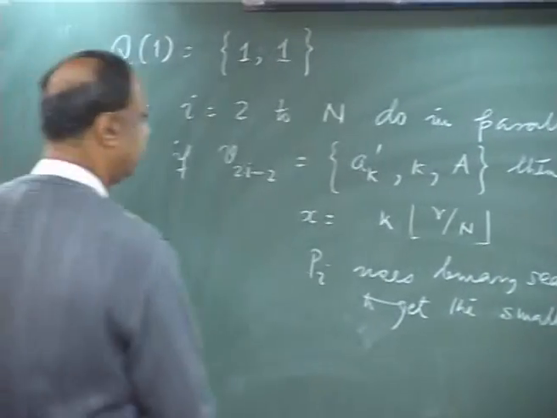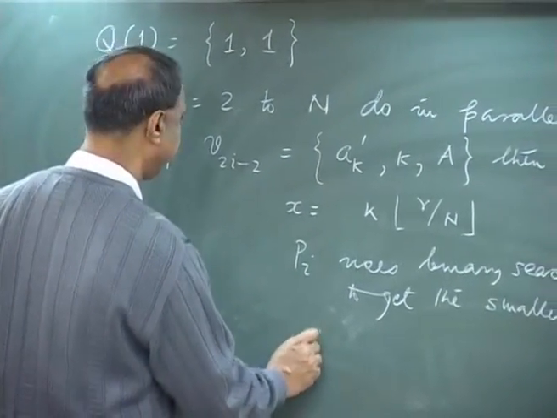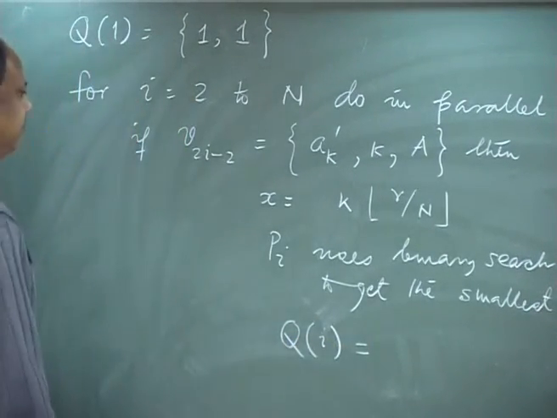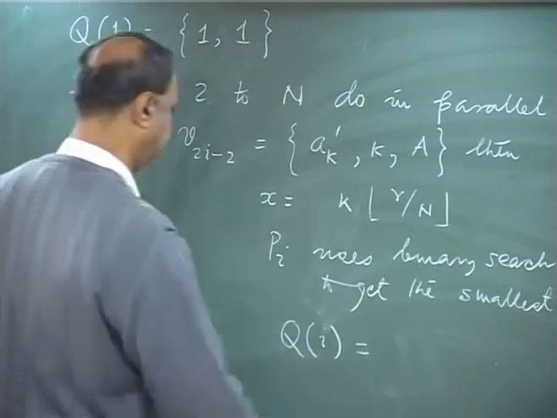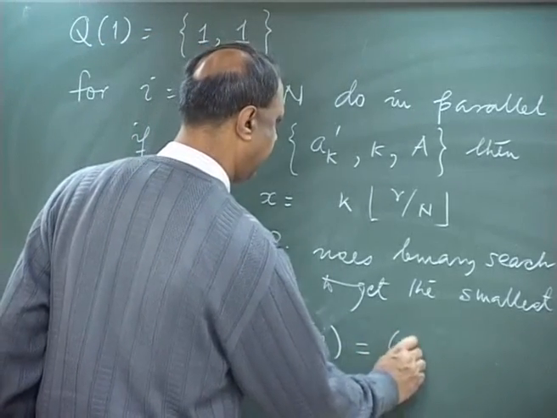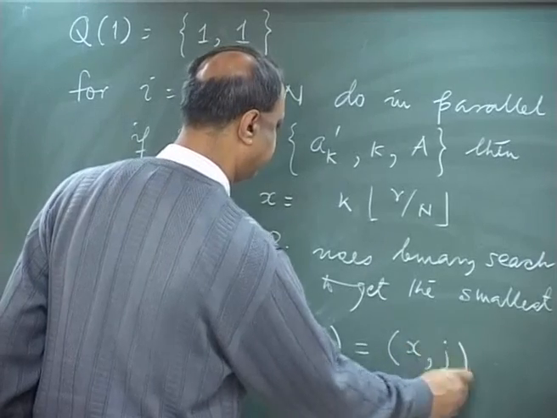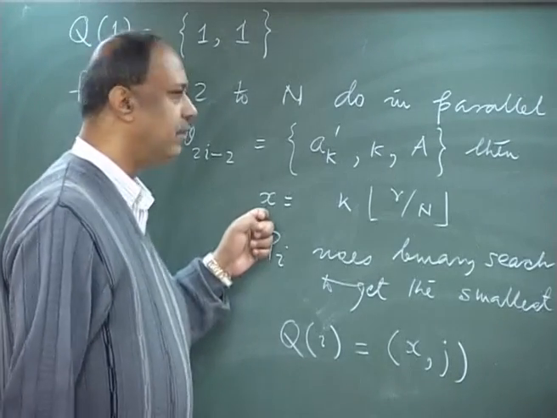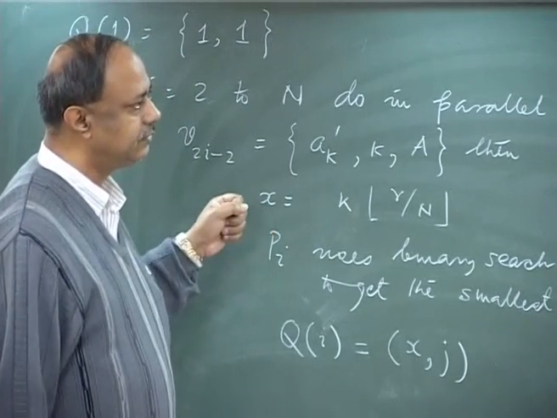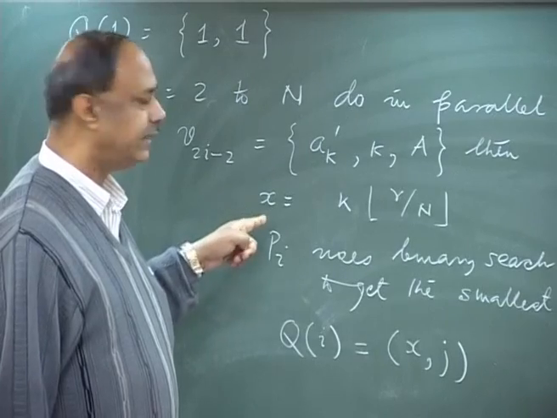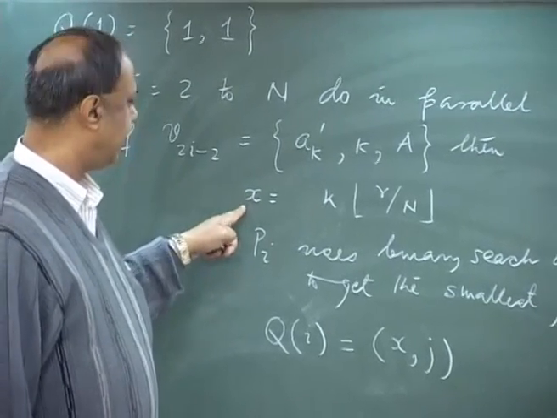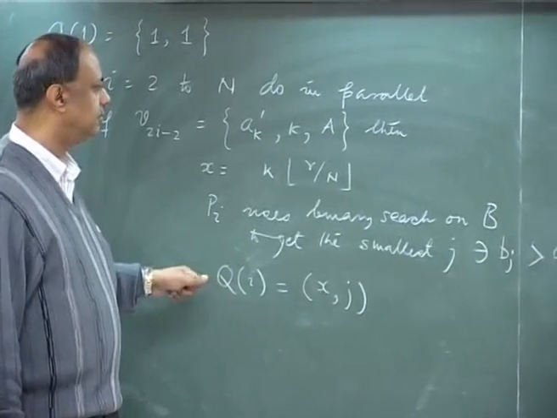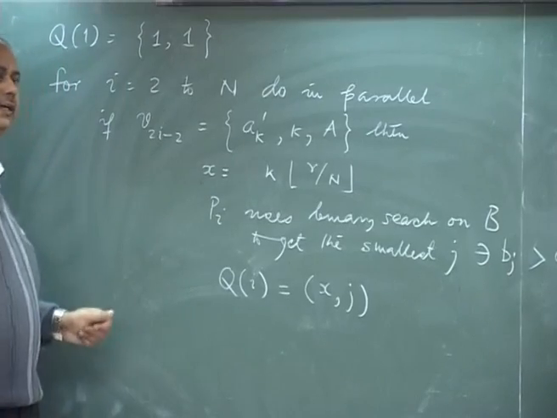Right? So in that case, you can define your Q_i as (x, j). So you observe that you got the starting index of A and the starting index of B. Agreed?